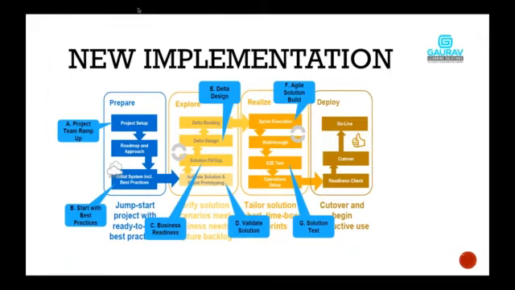Roadmap and approach: what do you mean by that? The customer also needs to decide in the prepare phase whether they want to go for the cloud or on-premise. If a customer is interested in implementing SAP S/4HANA, they first have to decide whether they want the SAP S/4HANA cloud version or the on-premise version.